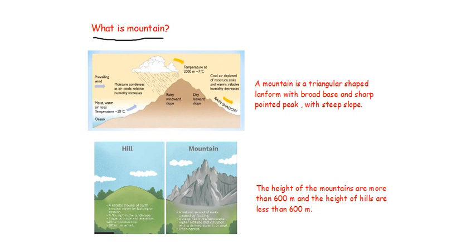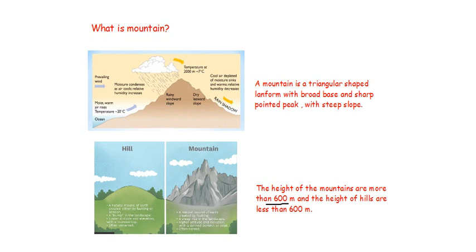Now we are familiar with the term hill along with mountain. So what is the basic difference between hill and mountain? We classify hill and mountain on the basis of height. If the height is more than 600 meters, we call it mountain.